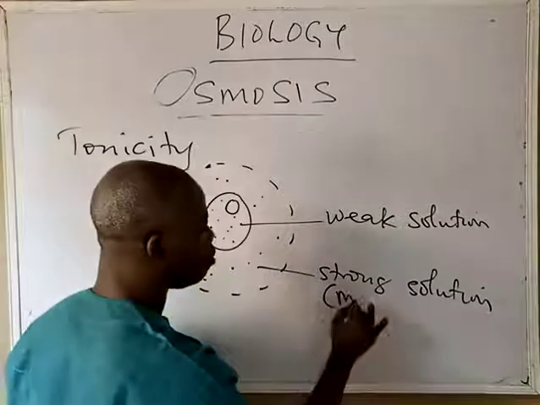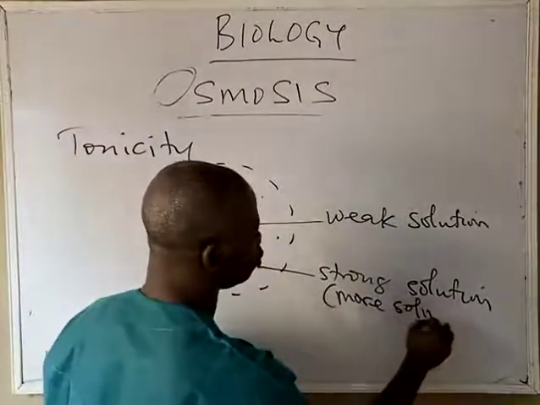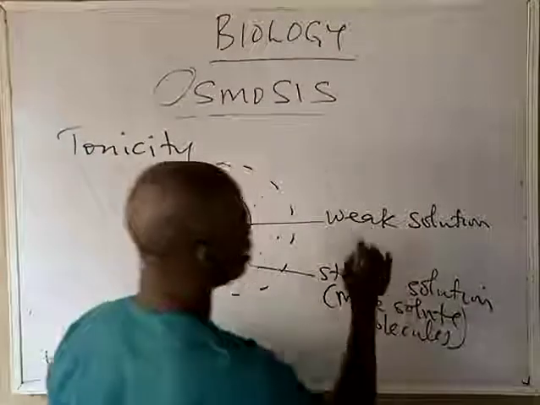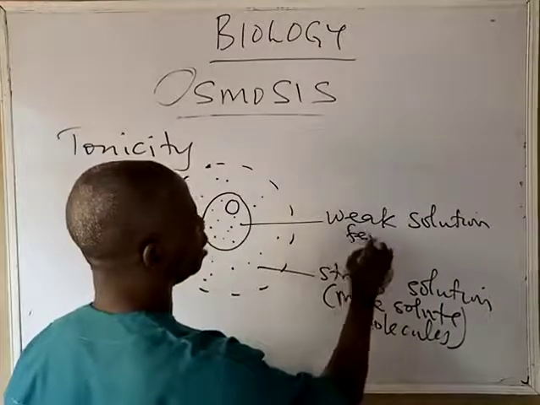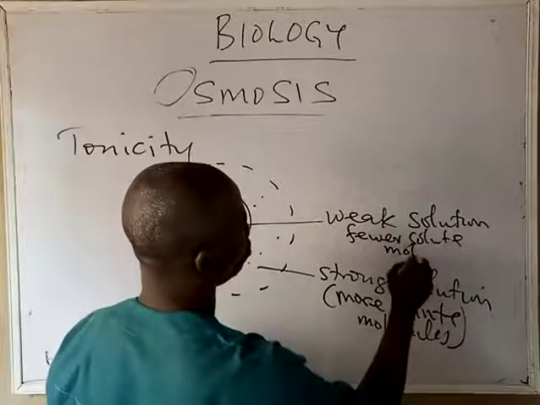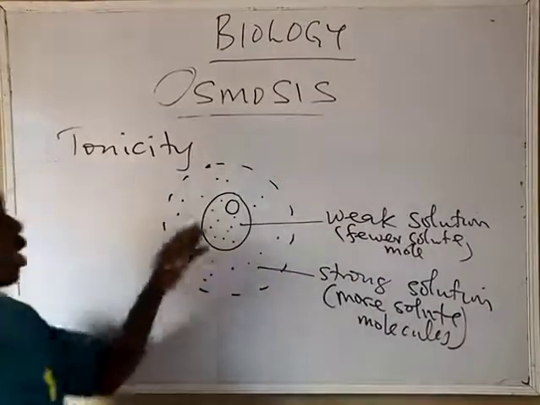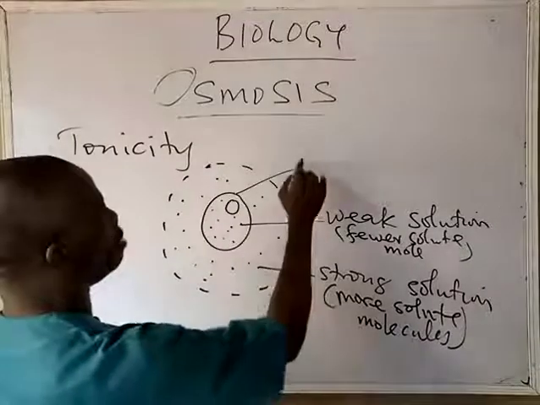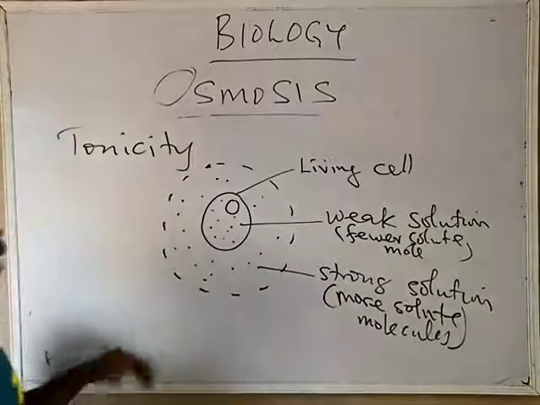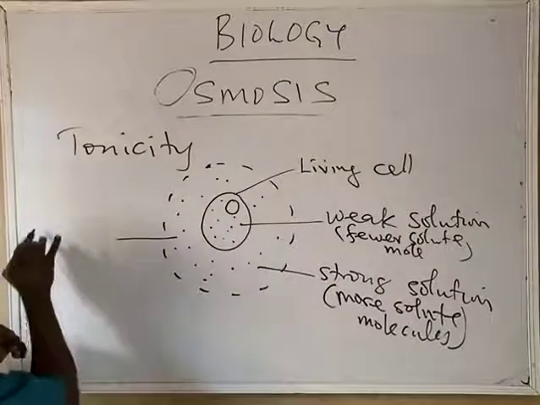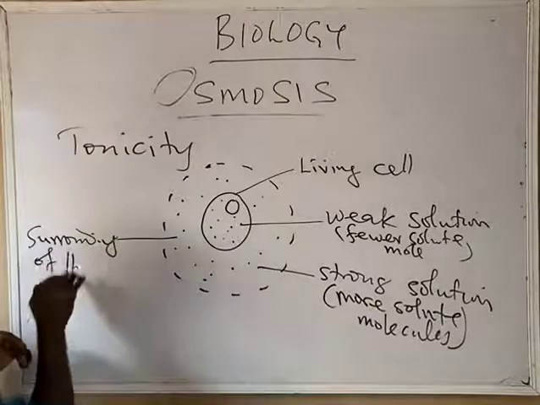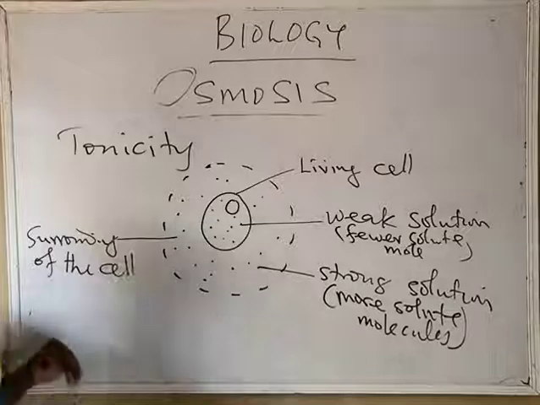So here we have more solute molecules. Here we have fewer solute molecules. So if this is a cell, maybe a living cell, and this is the surrounding of the cell, or the cell environment.